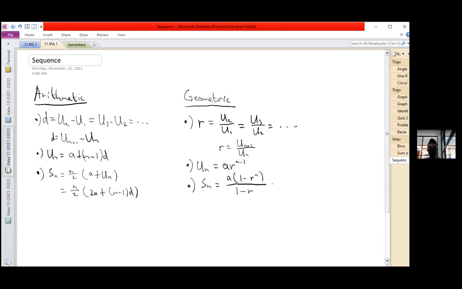Or we can swap the 1 and r, so this is also equal to a times (r to the power of n minus 1) divided by (r minus 1).